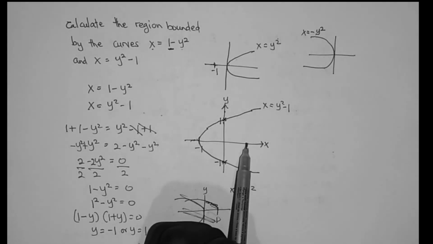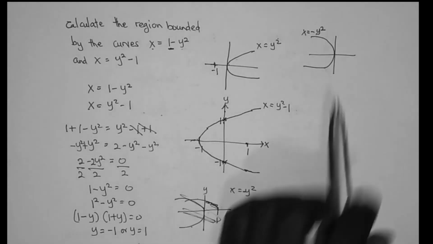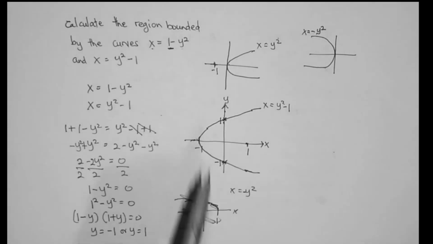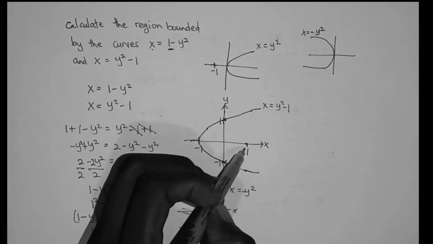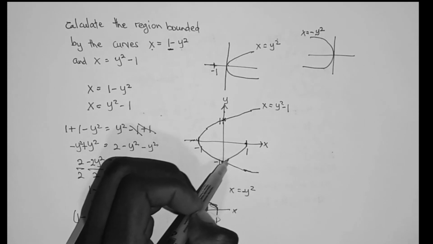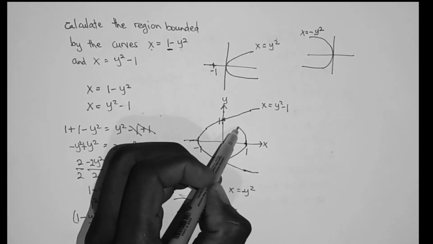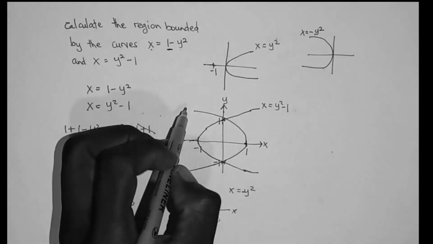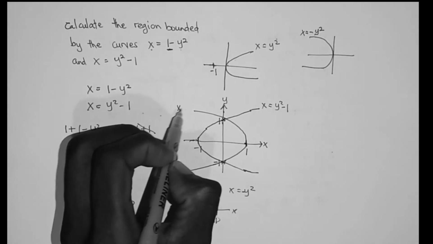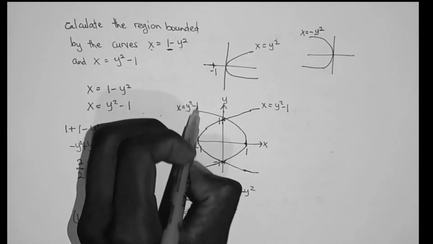That means we stand on 1 unit on the positive x-axis and draw this kind of shape. But the limits are minus 1 and 1, so the graph must pass through minus 1 and 1. So this graph is going to look like this. And this is the graph x equals y squared minus 1.